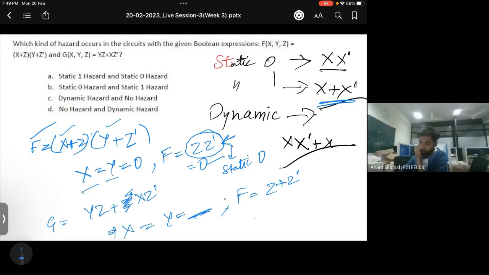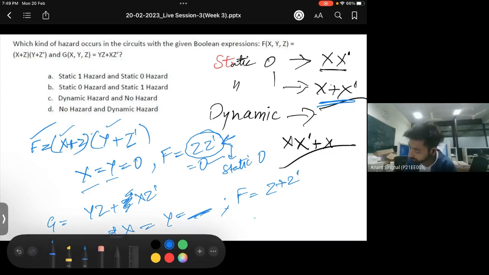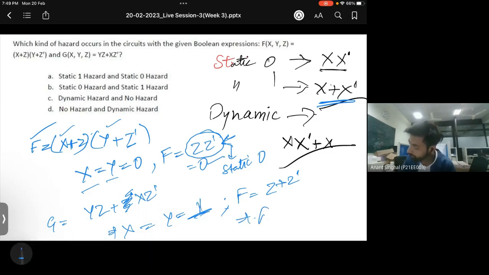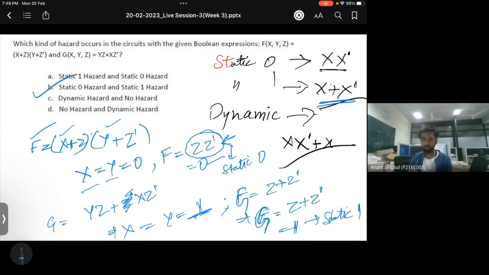So if we take x y as 1, then we'll get f as z plus z bar, and it will always be 1. Sorry, it is g. So for the g part, we'll be getting static 1 error, static 1 hazard. So the correct answer to this question will be option B. Is it clear? Yes, sir.